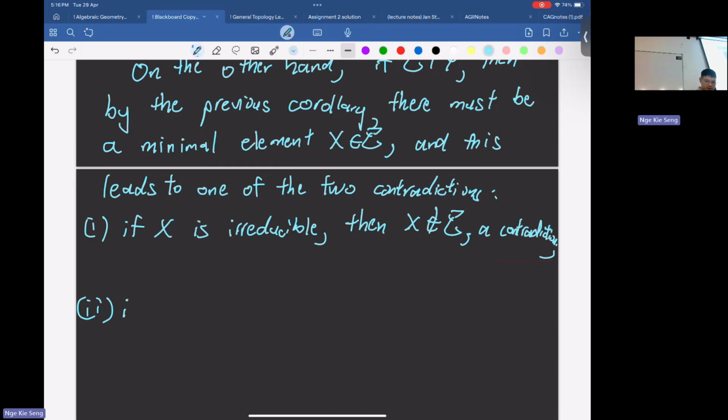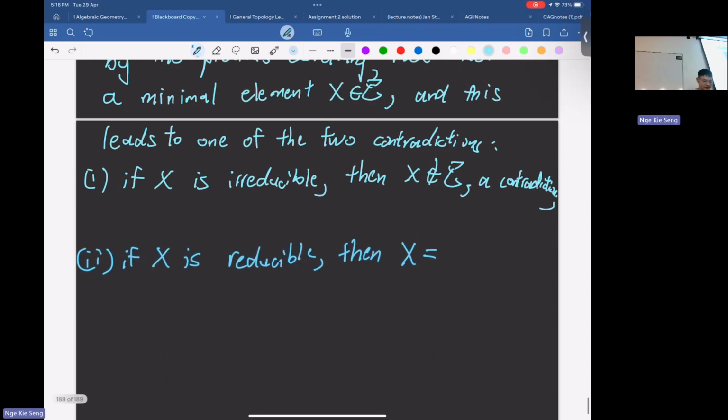The second contradiction is if X is reducible. Reducible means what? X can be split into the union of two proper closed sets.